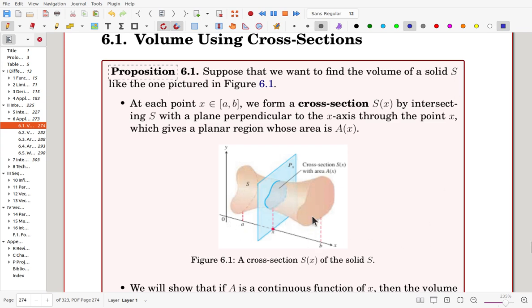The solid is occupying the space in x direction from A to B. For each point over the interval, you can form a cross-section by cutting the solid with a plane perpendicular to the x-axis. Now, we can find the area of the region here. Let's say it is A of x.